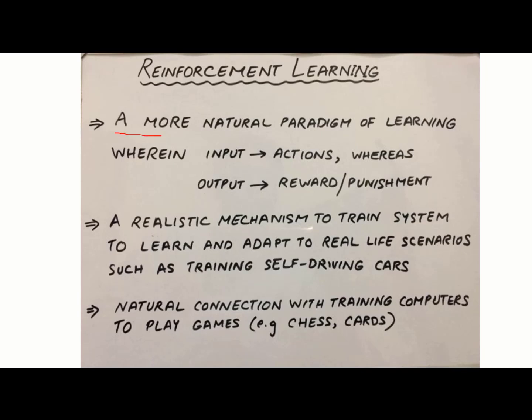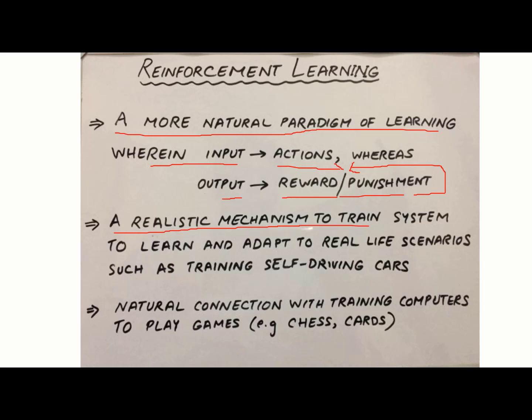Reinforcement learning is a more natural paradigm of learning where inputs are generally the actions and the output is reward or punishment that our agent is going to earn as a consequence of those actions. Now, it is a realistic mechanism to train our system to learn and to adapt to several real-life scenarios, which include state-of-the-art examples such as training self-driving cars.